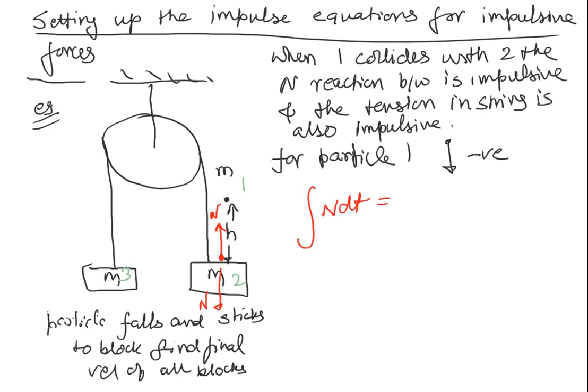So the downward velocity of the object 1 after collision, I don't know how much it is, whether it is downward or not, मेरे को कुछ नहीं मालूम. I'm just assuming that it is downwards, and I'm assuming that it is v. So the final momentum is minus mv, minus initial momentum, which is minus m into root of 2gh. This is for particle 1.